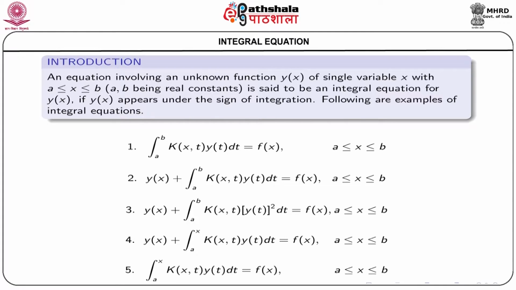Now, in all the 5 examples, apart from the unknown function y(x), there are 2 other functions, k(x,t) and f(x), which are assumed to be known at present. In examples 1, 2 and 3, the limits of integration are constants, whereas in examples 4 and 5, the upper limit of integration is a variable.